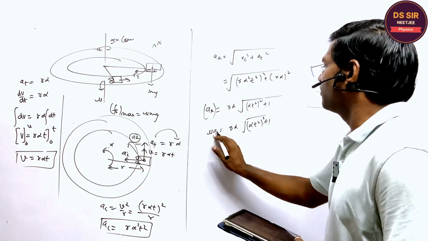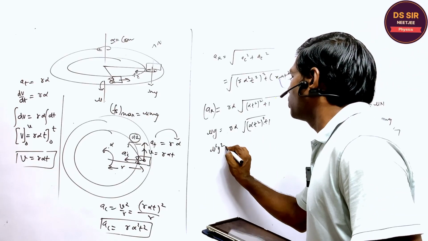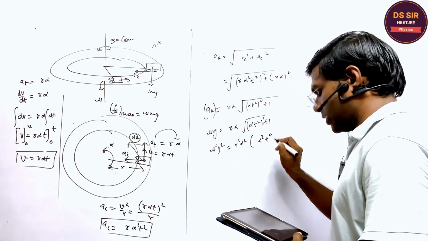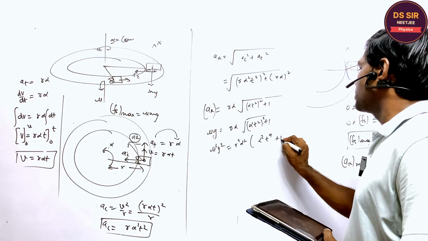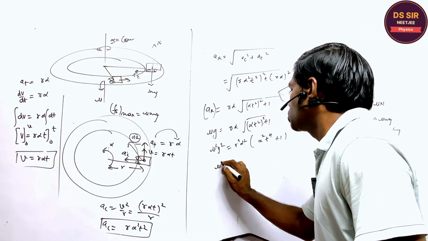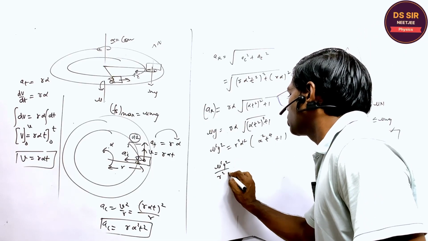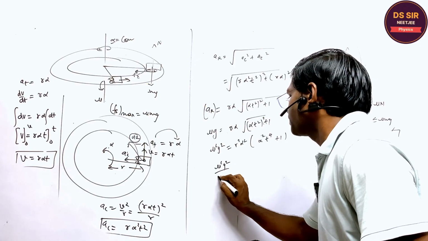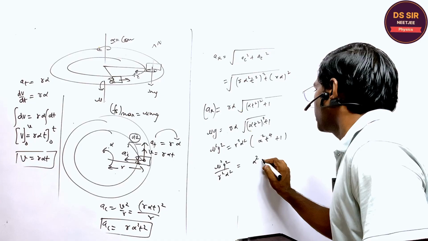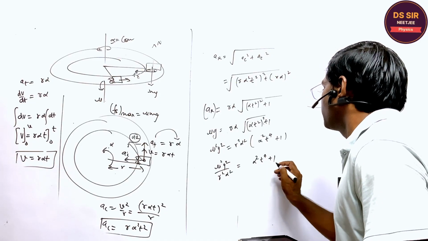How to find the value of t? Square both sides: r square alpha square times t to the power 4, plus 1. Mu square g square upon r square alpha square is equal to alpha square t to the power 4 plus 1.